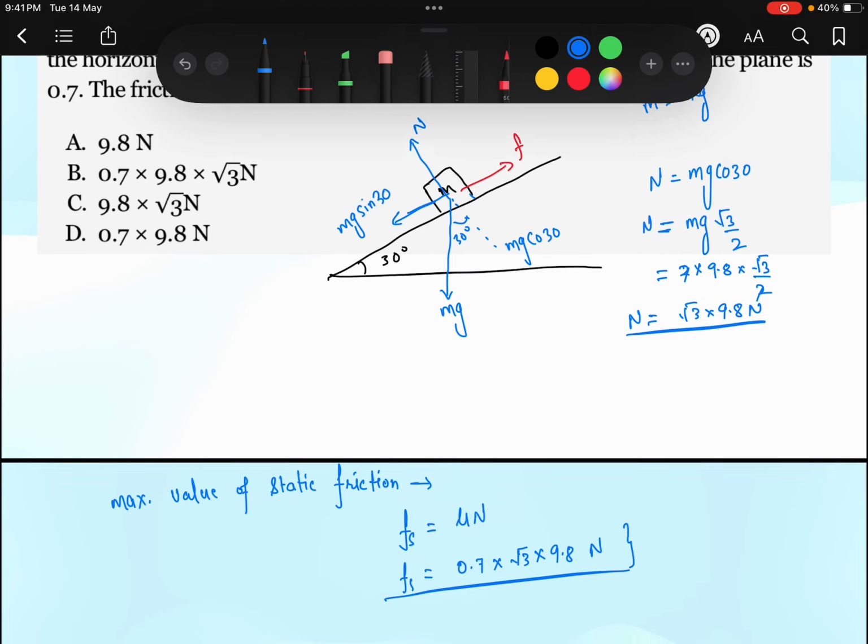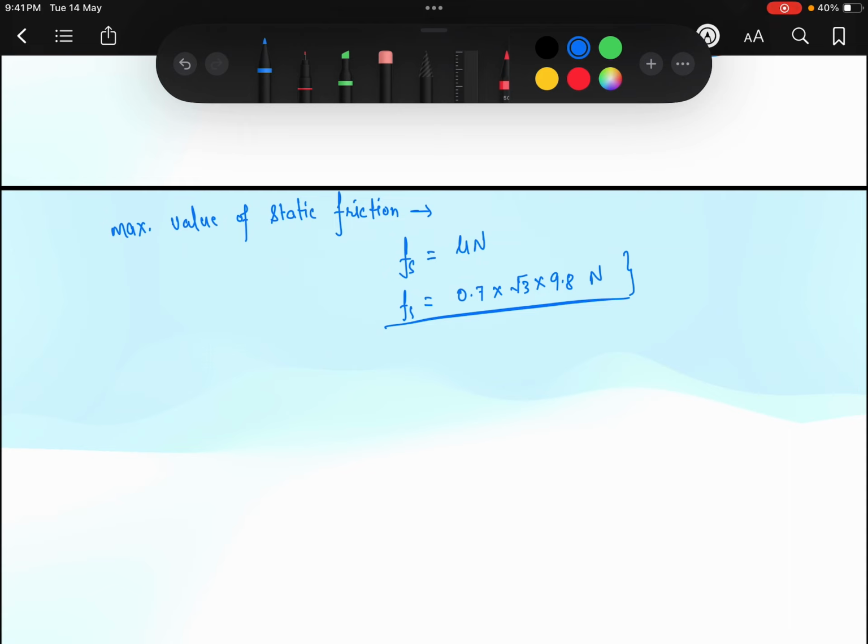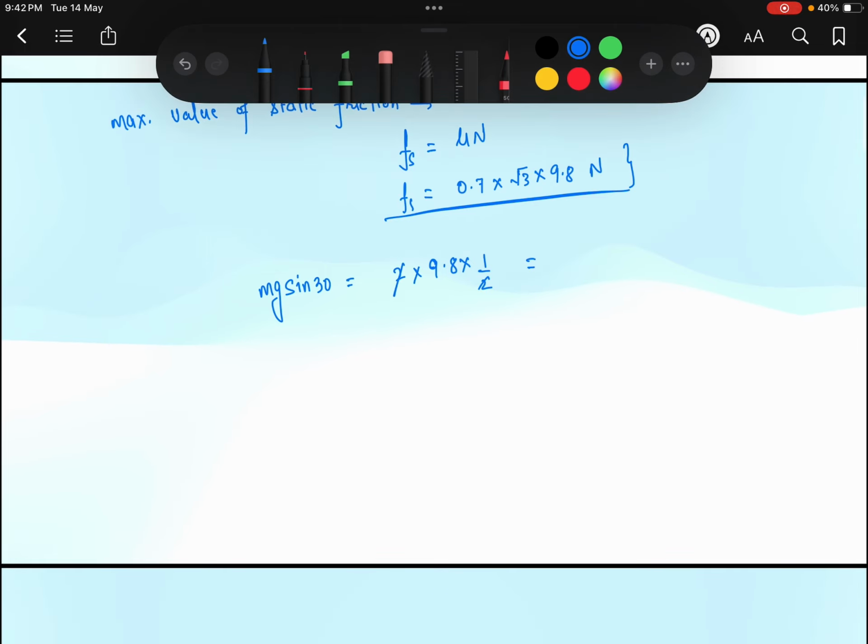Now I will calculate the value of mg sin 30, that is acting in downward direction. So mg sin 30 will be equal to m, the value of m is 2 multiply g is 9.8 multiply sin 30 is 1 by 2. Okay, so here we are getting mg sin 30 is equal to 9.8 Newton.